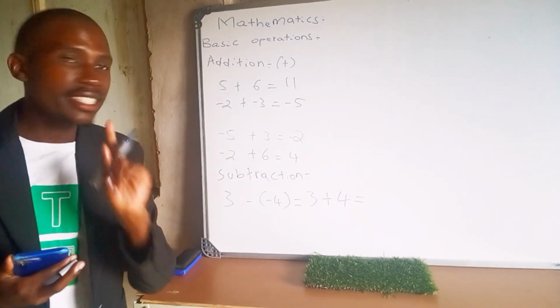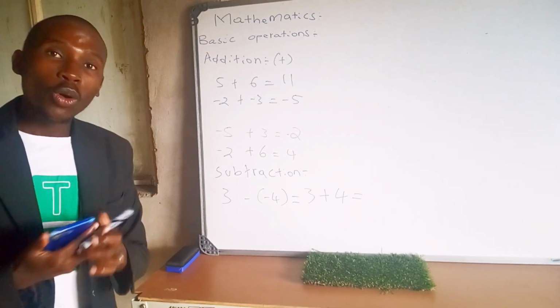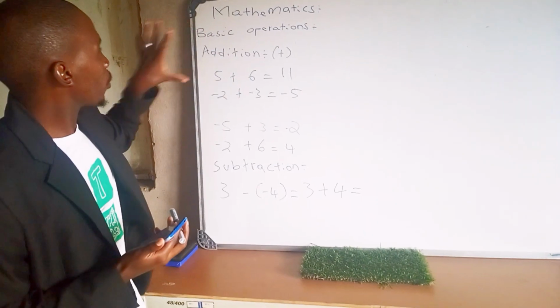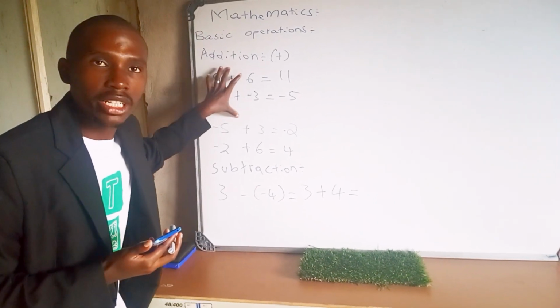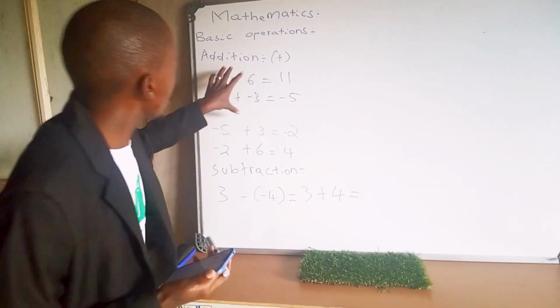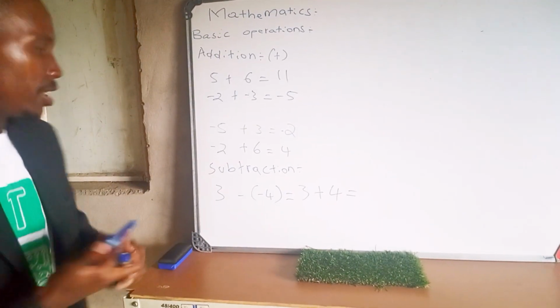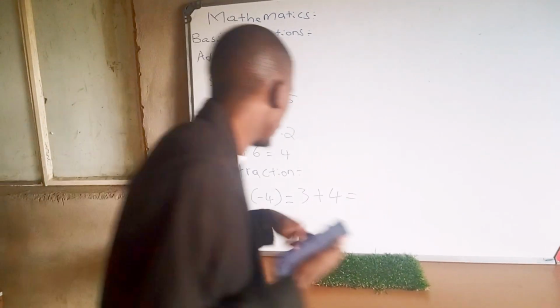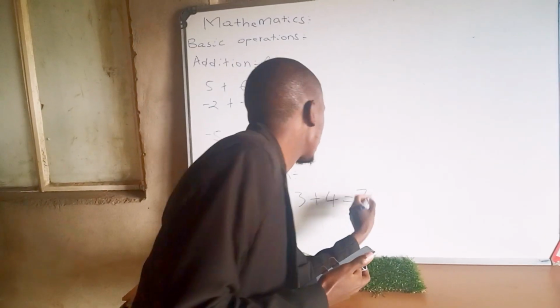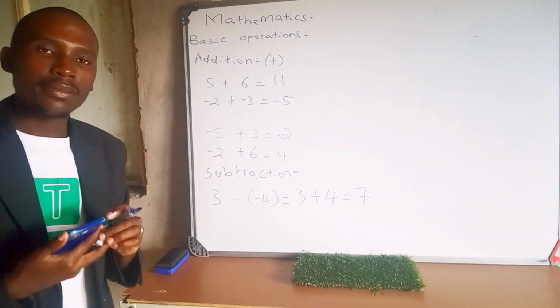Now the last step, we follow the addition rule, which means in the addition rule we said that when the numbers have the same sign, the answer takes that sign, which means the answer now is +7.